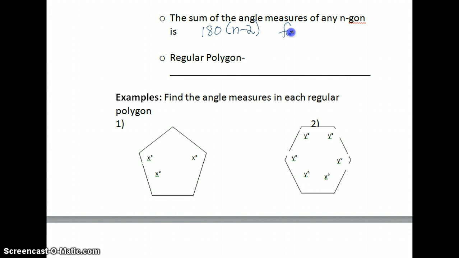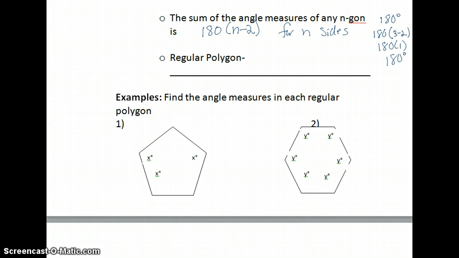I'm going to write it for n sides. A quick way to remember this, if you ever forget about it, think about a triangle. A triangle has 180 degrees. It has three sides, so using our formula, 3 minus 2, 180 times 1 gives us 180 degrees.